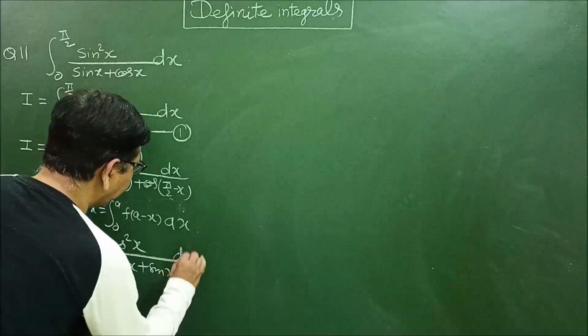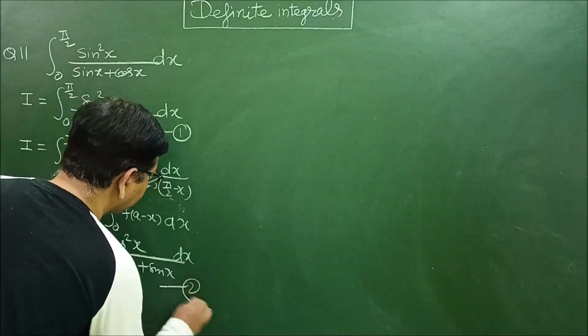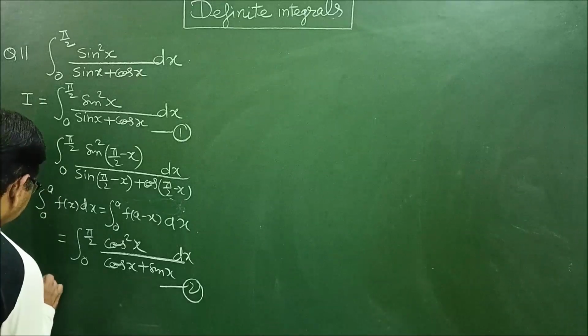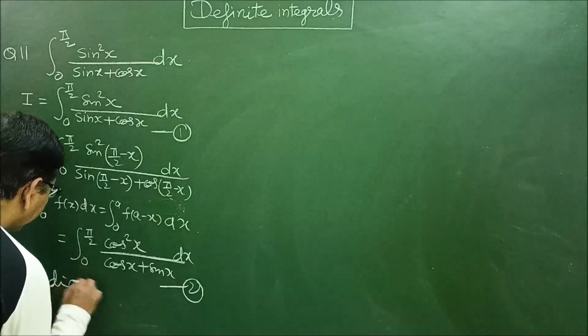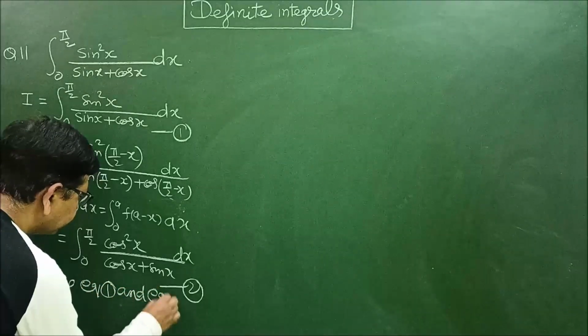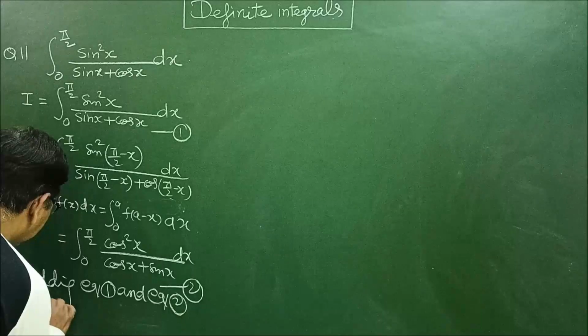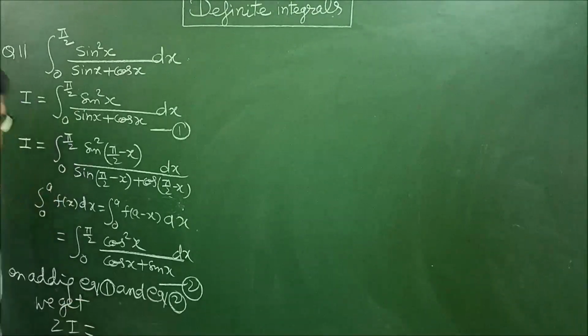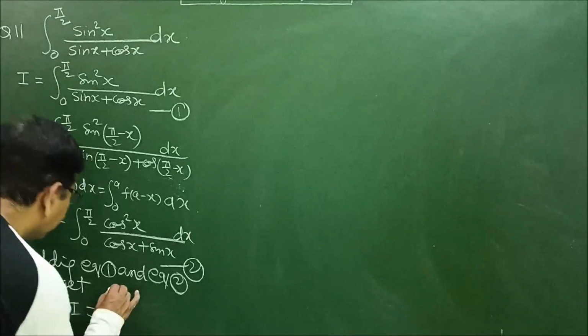Now on adding equation first and equation second, we get on the left hand side 2I, and on the right the integral from 0 to pi by 2.